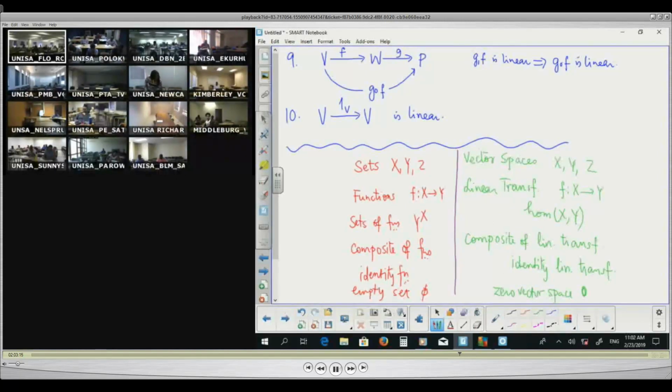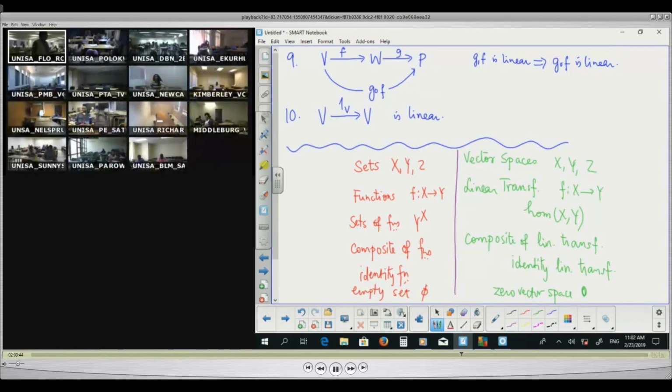The empty set, remember the zero vector space, it had only one vector, the zero vector, right? 0 plus 0 is 0, lambda times 0 is 0, so it's obvious how to define it. So that's the analog. Remember, the empty set, that was the smallest subset. I'm not coming to subsets now.